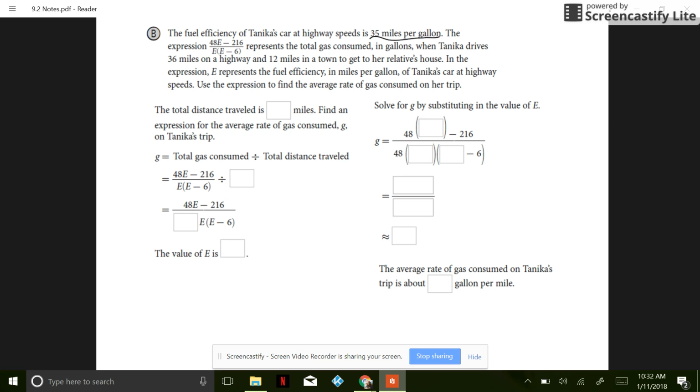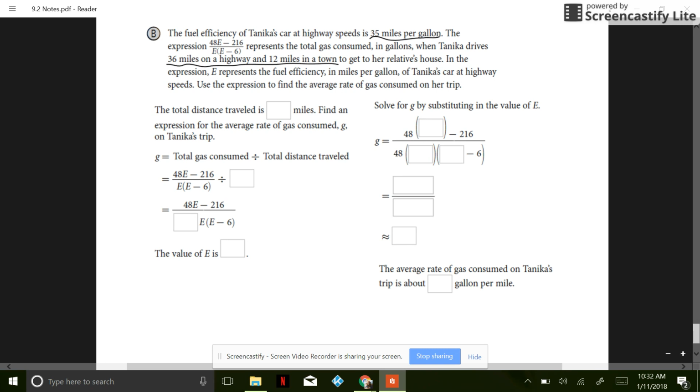The expression 48E minus 216 over E times the quantity E minus 6 represents the total gas consumed in gallons when Tanaka drives 36 miles on a highway and 12 miles in a town to get to her relative's house. And the expression E represents the fuel efficiency in miles per gallon. If the fuel efficiency of Tanaka's car at highway speeds is 35 miles per gallon, use the expression to find the average rate of gas consumed on her trip.